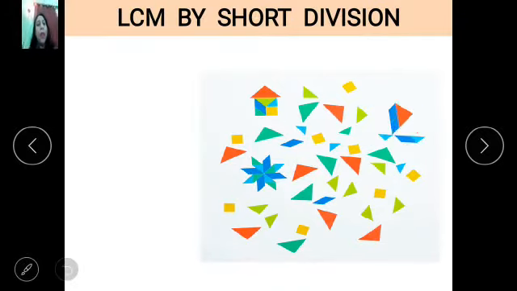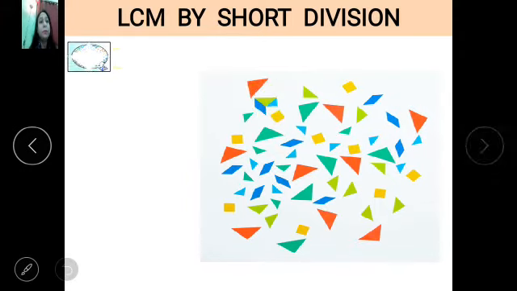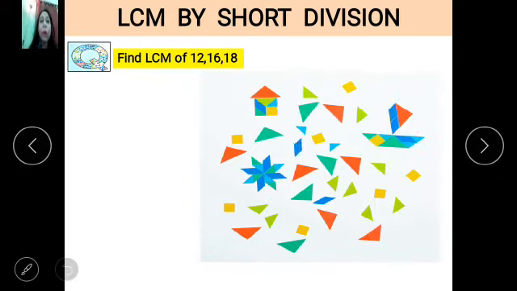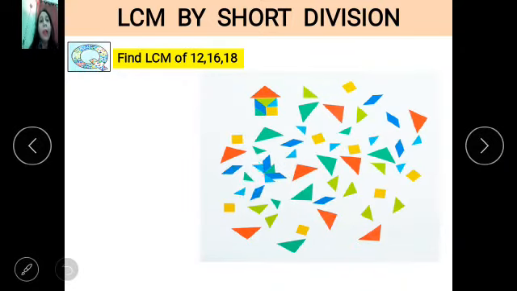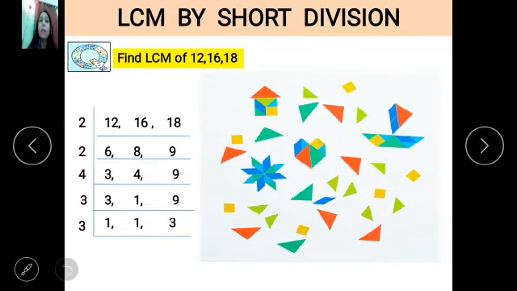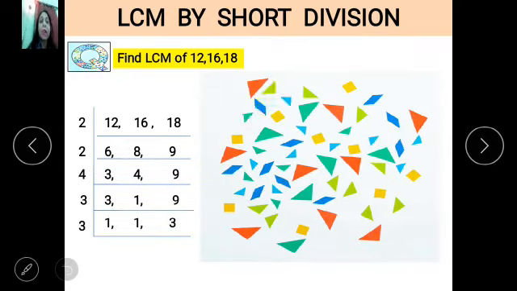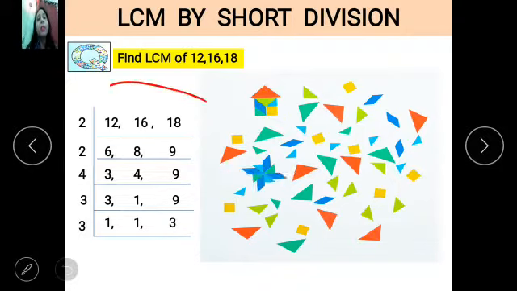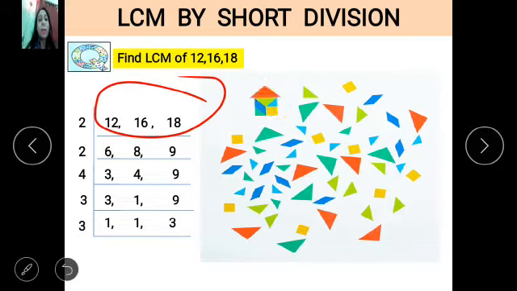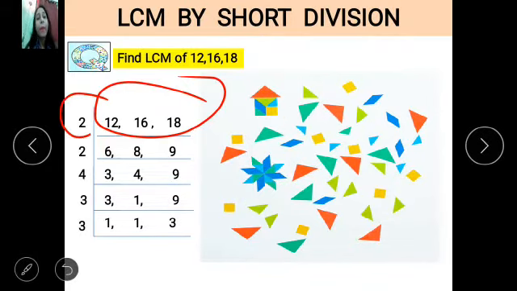So you see, LCM by the short division method. The question I have taken: find the LCM of 12, 16 and 18 by the short division method. In short division, we take those numbers together and divide. 12, 16, 18 I have taken and you just divide by 2.